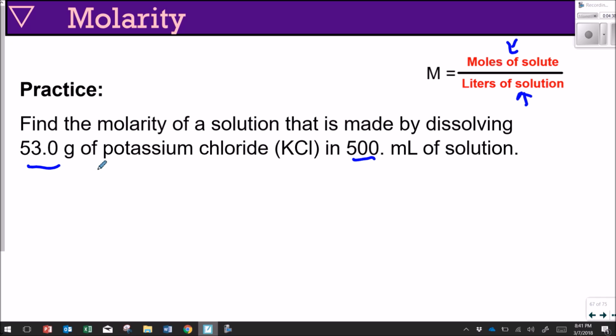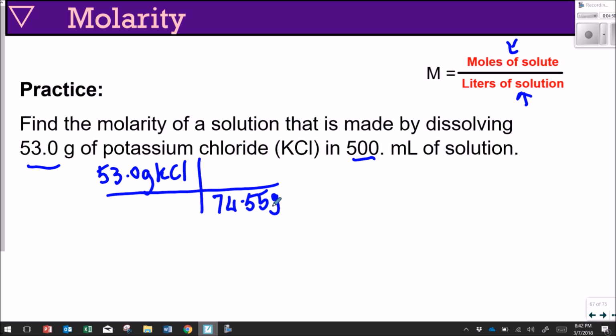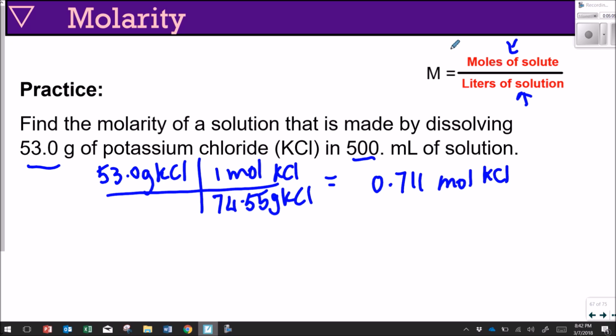So I'm going to convert 53 grams of potassium chloride to moles, and we know how to do that. Molar mass of potassium chloride is 74.55 grams, and that is 1 mole of KCl. And I get 0.711 moles of KCl. So now I have my moles to plug into my formula.